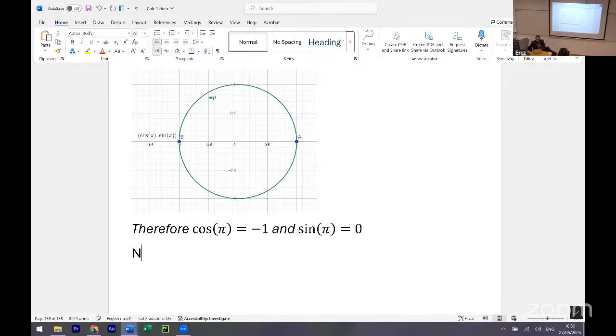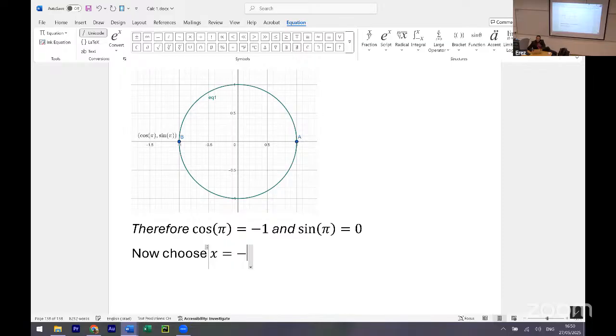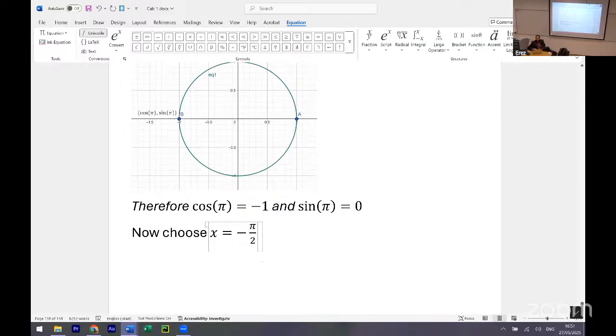Okay, let's do another example. Now choose x equals minus pi over 2. So it's a quarter of the circumference. And because of the minus, in which direction will we go? Clockwise, exactly. So we go a distance of pi over 2 clockwise.